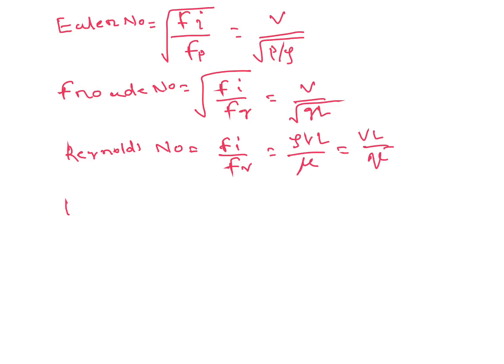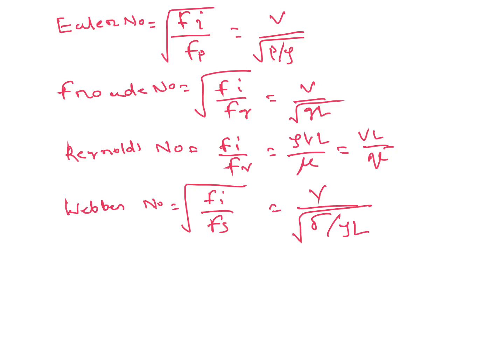Then Weber number. Inertia force by surface tension force, V by root over sigma by rho L. Then Mach number, also important. Inertia force by elastic force, V by C, actual velocity by sonic velocity.